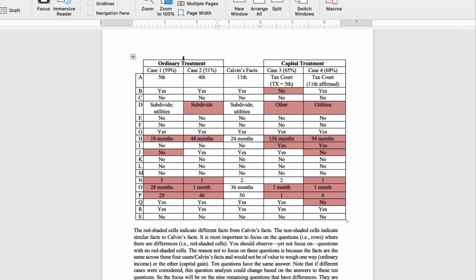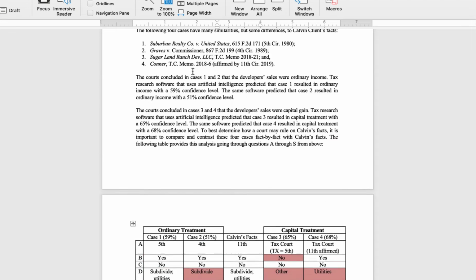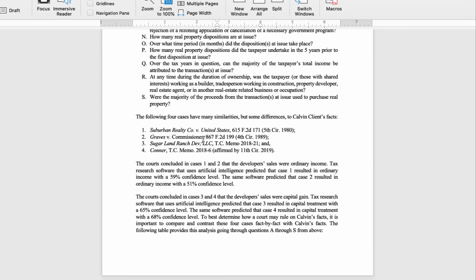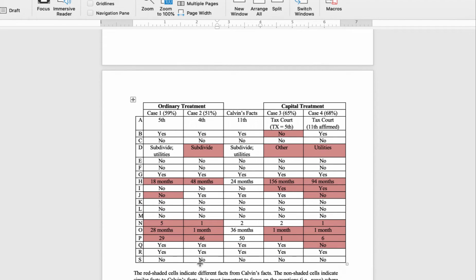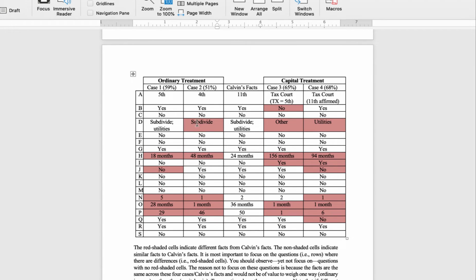So basically, 2 of the 4 cases that I talk about right here ultimately resulted in ordinary treatment for the taxpayer in a similar situation where you've got a developer selling property, and the other 2, capital treatment. So we had to determine whether it was going to be long-term capital gain or ordinary gain. And what we found out is that of the 19 factors, A through S, only 9 of them had differences.